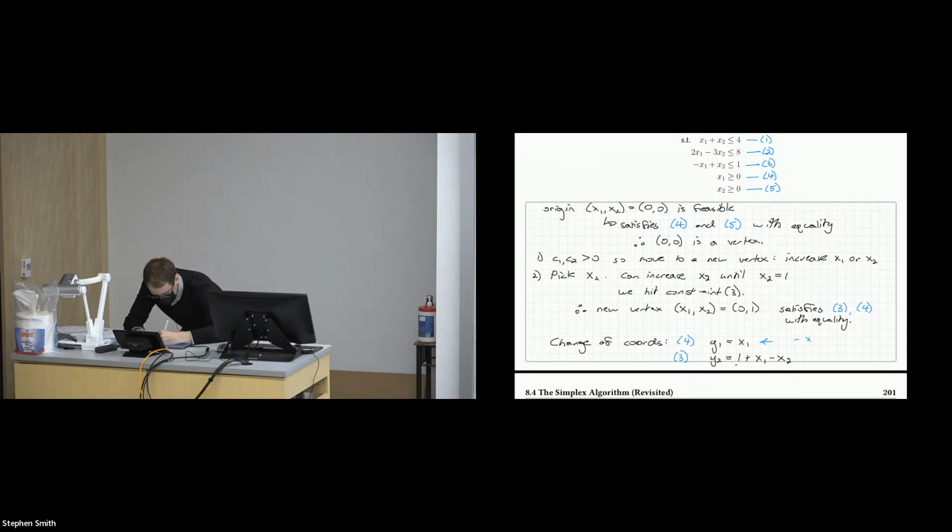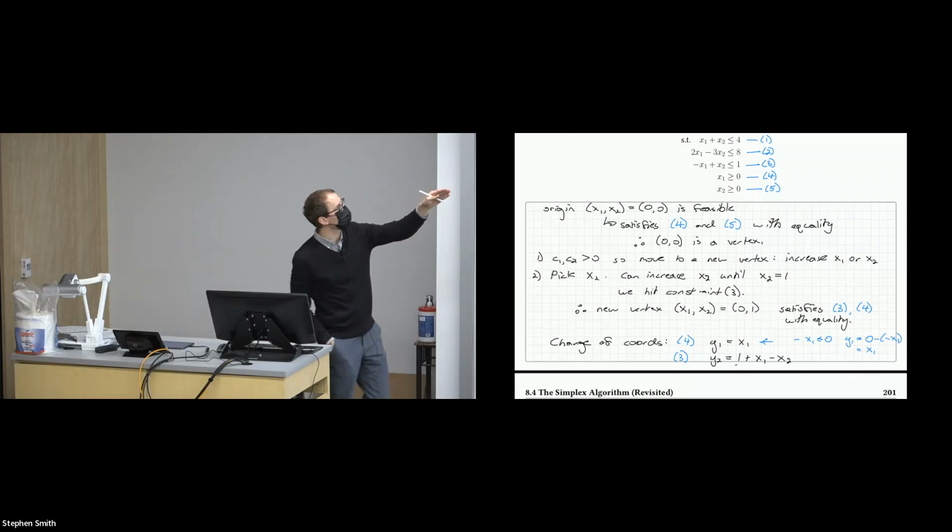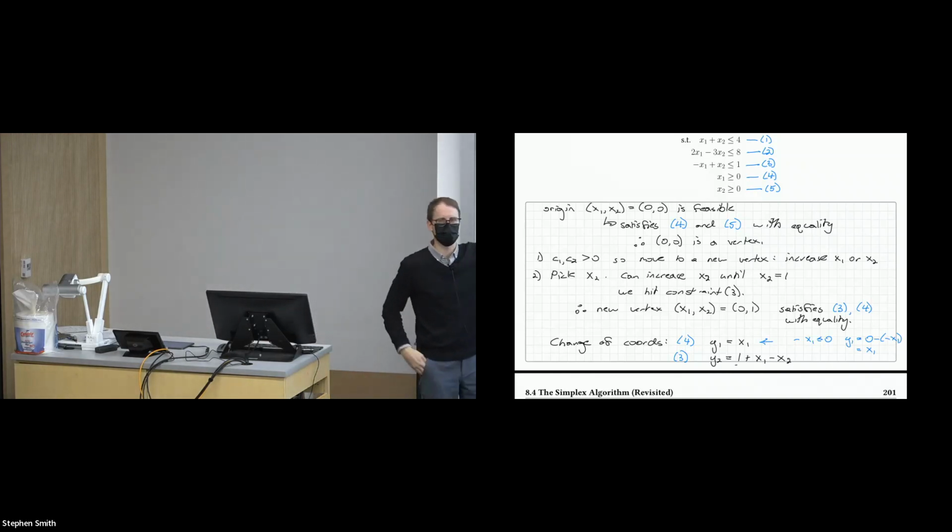I write it as negative x1 is less than or equal to 0. And then I write y1 is equal to 0 minus negative x1, which just equals x1. Because you might think if I did right minus left, I should get y1 equals negative x1 instead. But it was written as a greater than or equal to in 4.